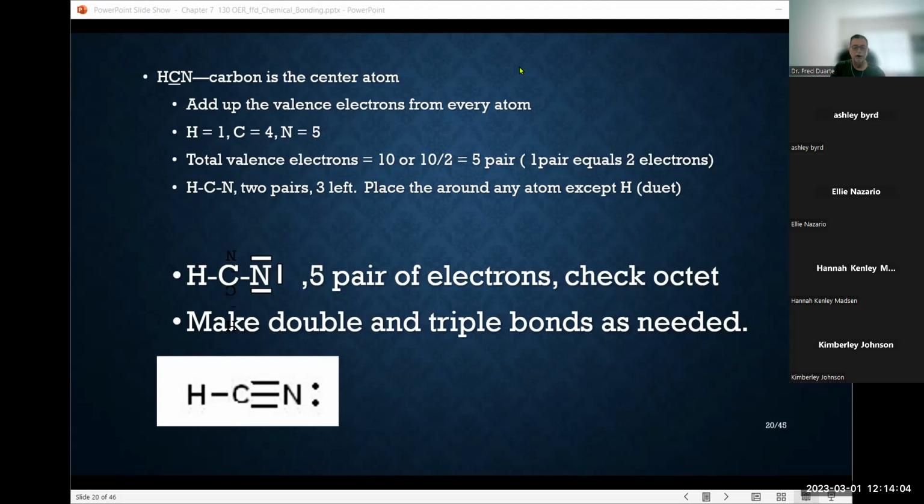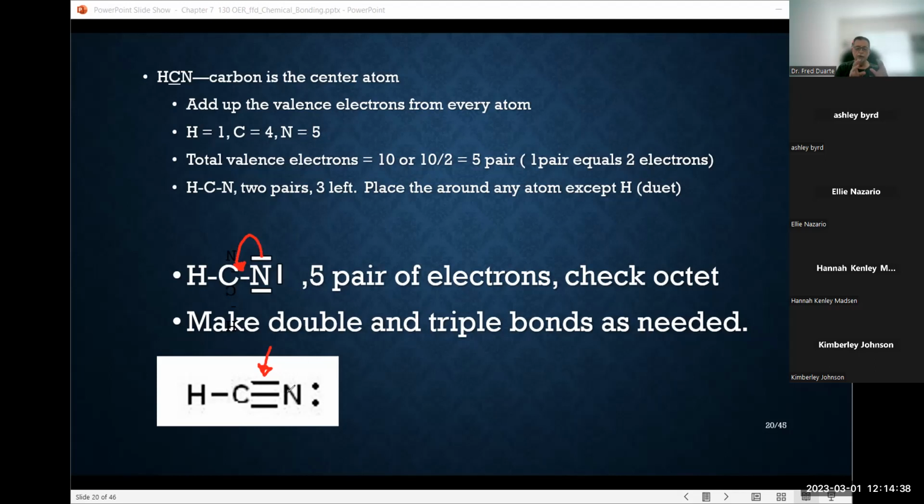You share electrons, but in this case, the nitrogen has an electron, and we create a double bond there. And then from that double bond, we check to see if the octet has been fulfilled for carbon. If it's not, we go on and make another bond to create a triple bond, like it was done right here. This triple bond is shared between the carbon and the nitrogen. And there, the octet has been fulfilled for everybody.